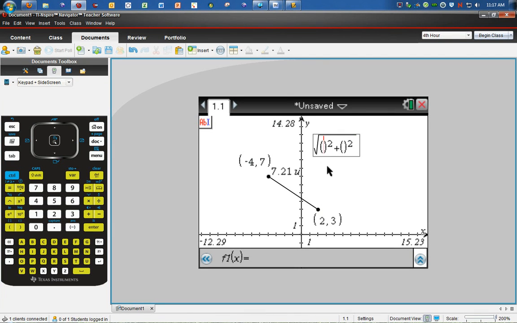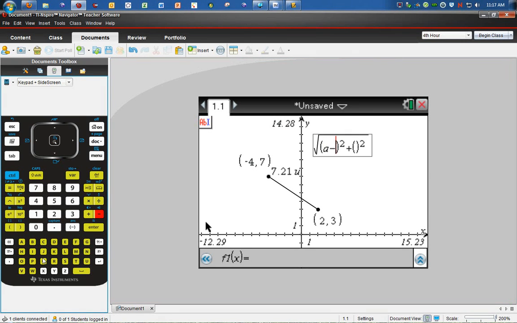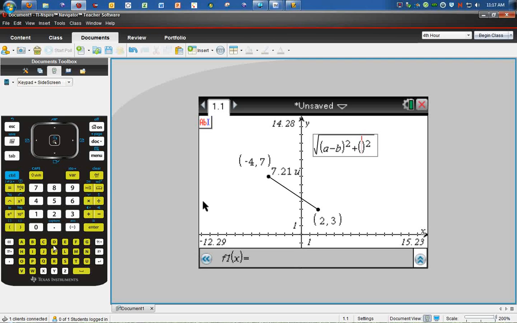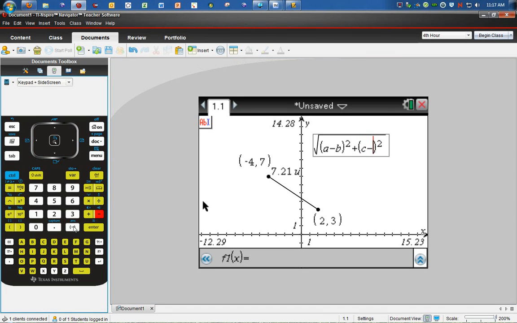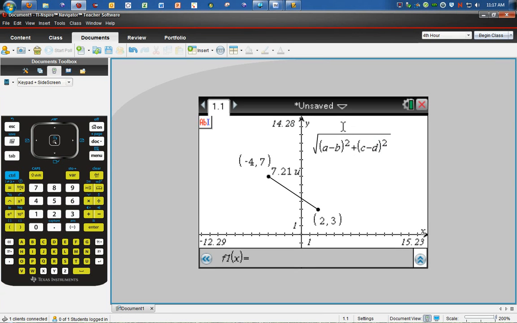I'm going to go into the first parentheses and just say a minus b, and then it's going to be squared. I'm going to go in the second one and say c minus d. And this is going to be my distance. Above this, I'll create another text box and call this distance.